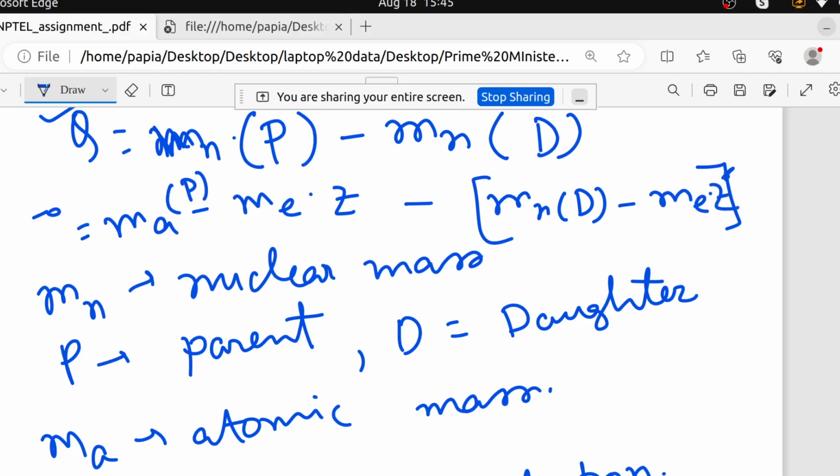Why Z prime? Let's say for the daughter particle, Z prime electrons are present. So Me into Z prime will be the mass of the total electrons for that daughter particle.